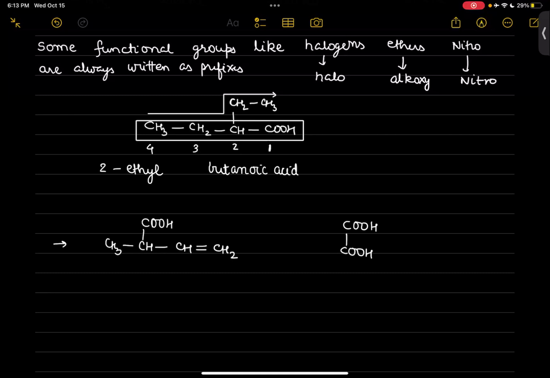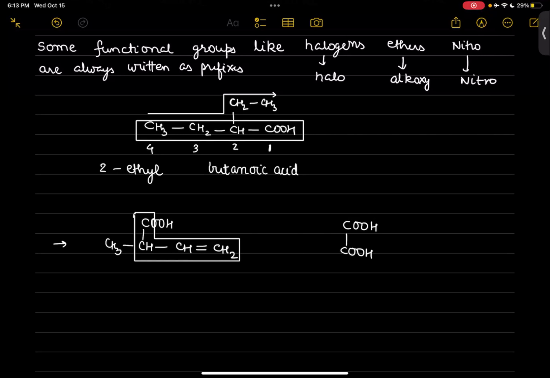COOH, then CH, double bond, CH. This is going to be the parent chain, right? Clear? And now, from where should we start the numbering?